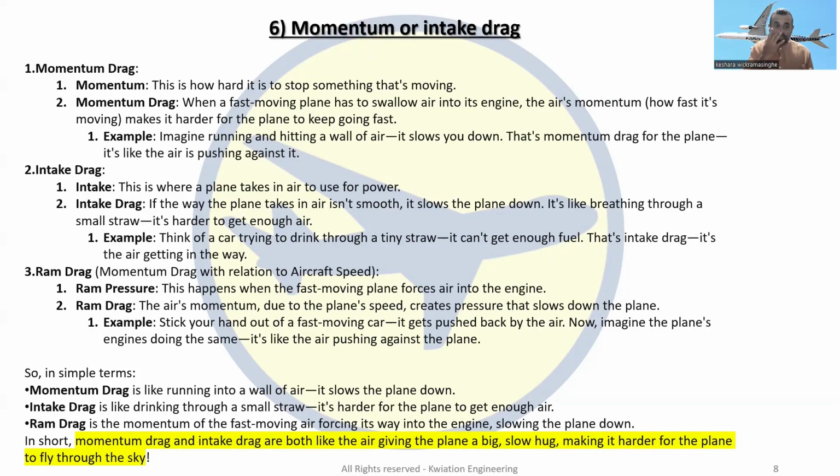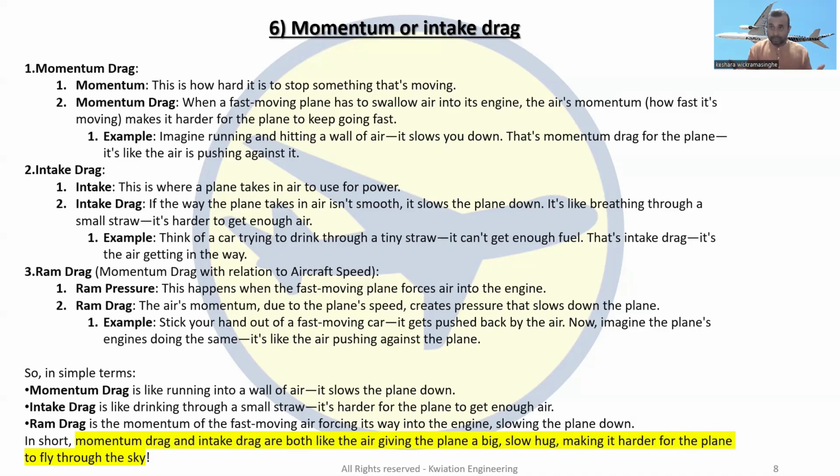All right. So in simple terms, momentum drag is like running into a wall of air. It slows the plane down. And intake drag is like drinking through a small straw. It's harder for the plane to get enough air. And ram drag is the momentum of the fast moving air forcing its way into the engine, slowing the plane down.